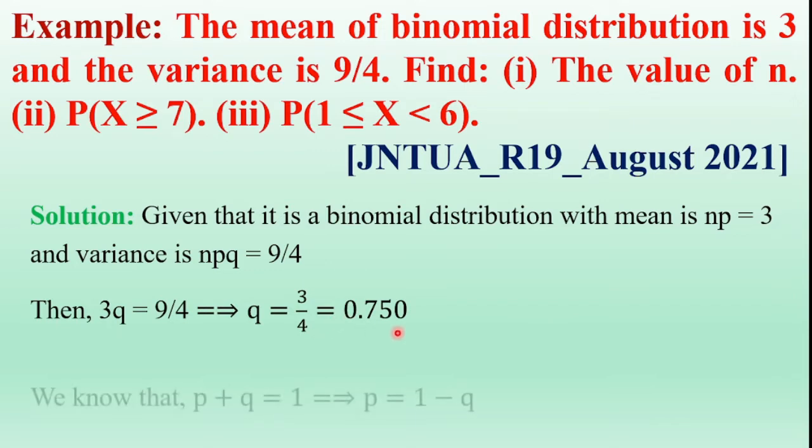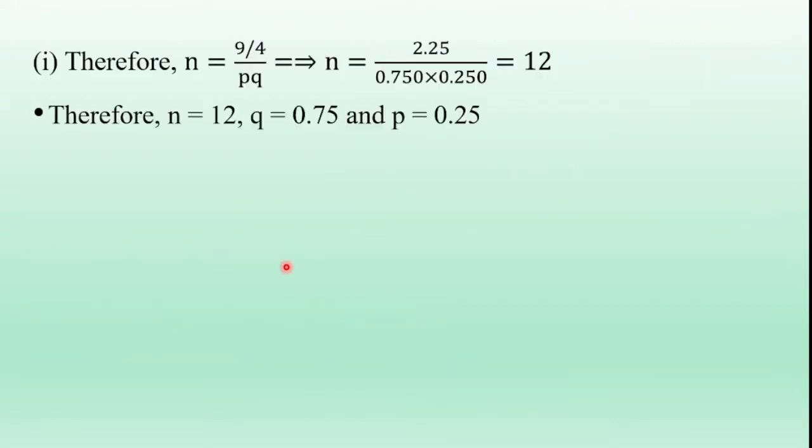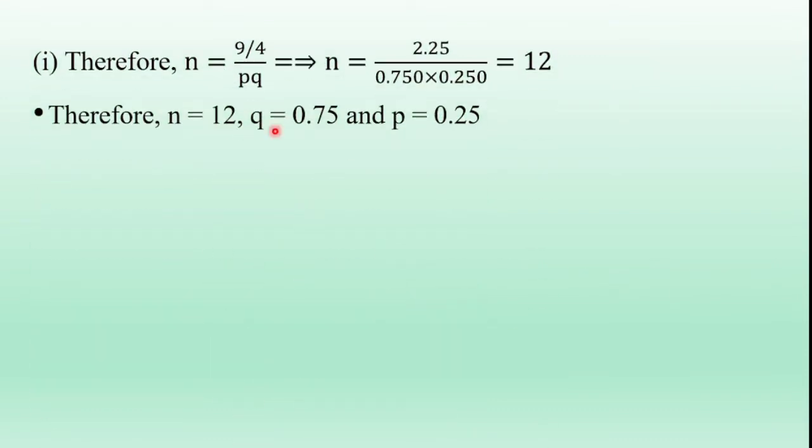Therefore q is equal to 0.75. We know that p plus q is equal to 1, so p is equal to 1 minus q; substituting the q value, p is equal to 0.25. Substituting the p value and q value into npq is equal to 9 by 4, n is equal to 9 by 4 divided by pq.